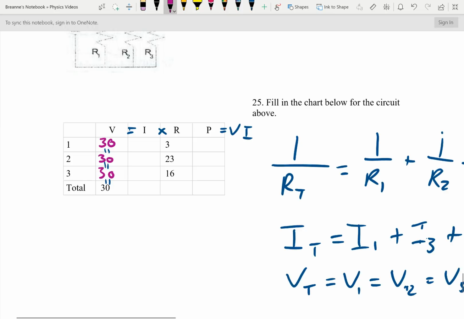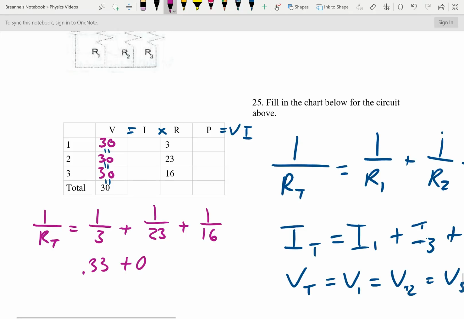Now to solve for our resistance, you have to do 1 over. So our total resistance is going to be equal to 1 over 3 plus 1 over 23 plus 1 over 16. Get the decimal of that. So 1 divided by 3 would be about 0.33. 1 divided by 23 is 0.043.